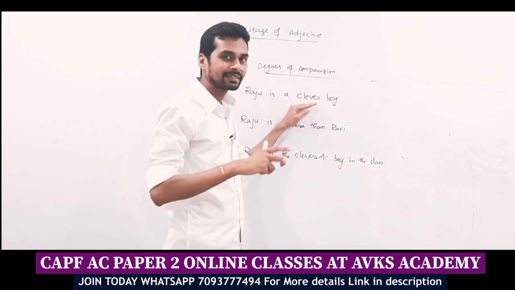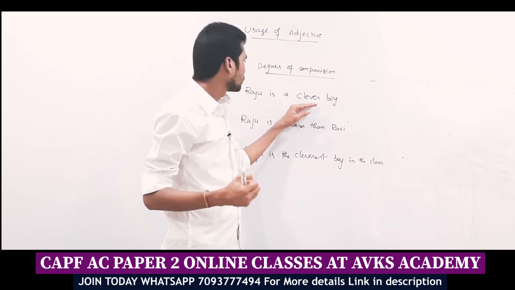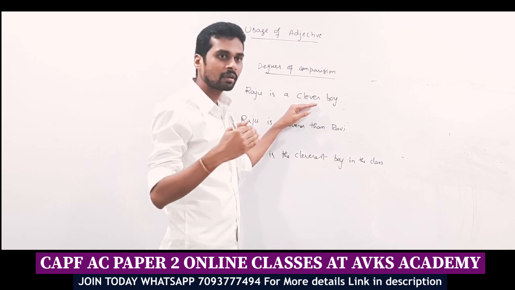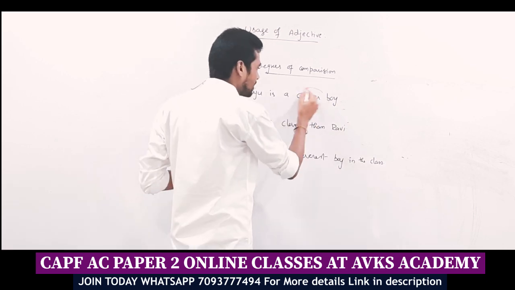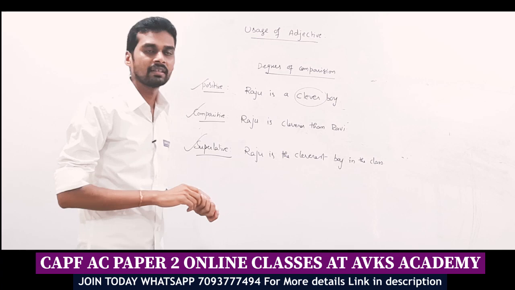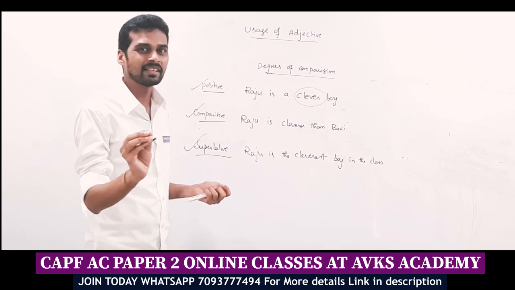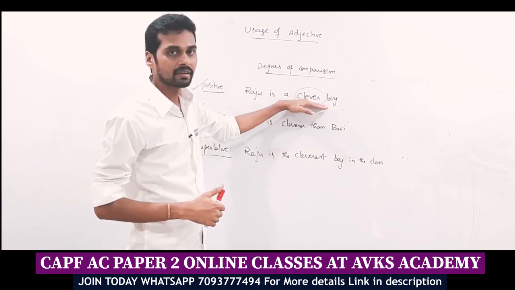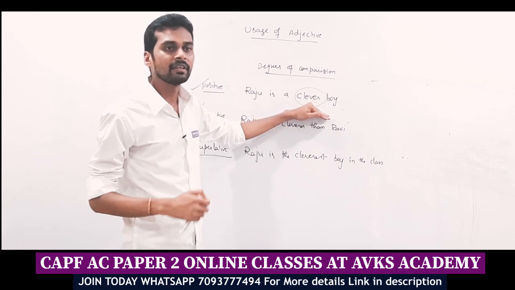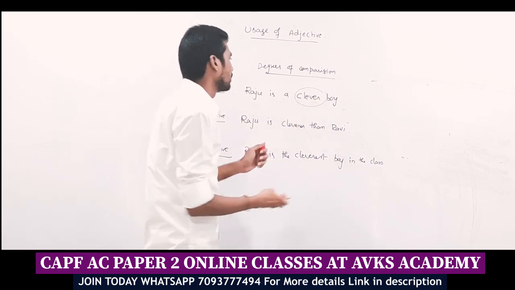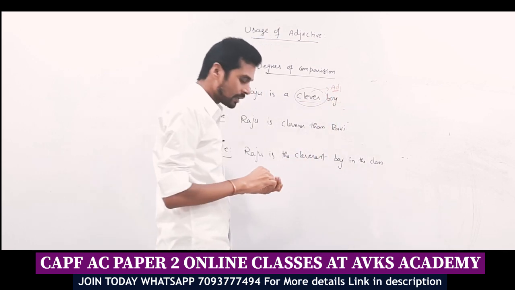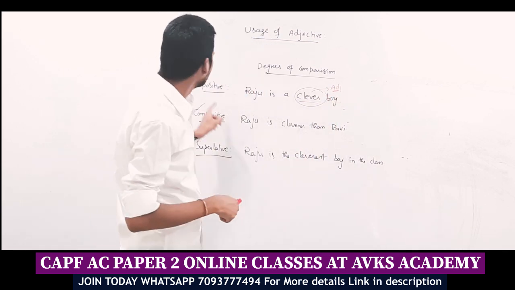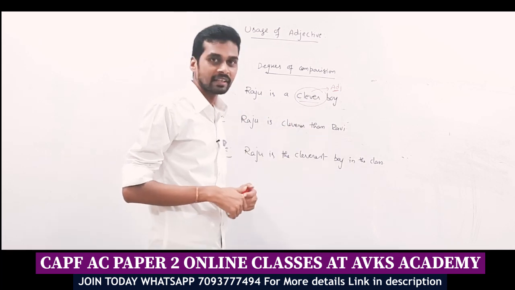I'm talking about his cleverness, just giving a simple statement. Positive degree is a simple statement describing something. Clever is an adjective, which means we are putting the adjective in a simple manner. That is what we call a positive degree sentence.